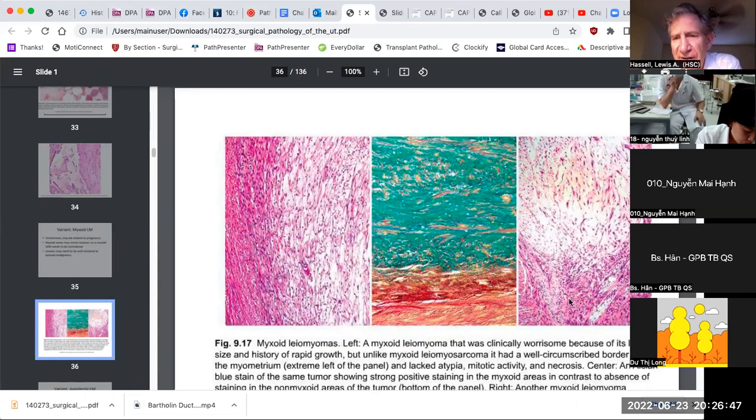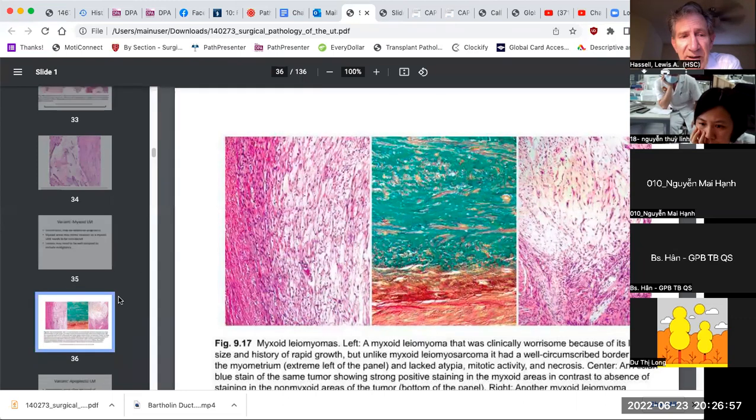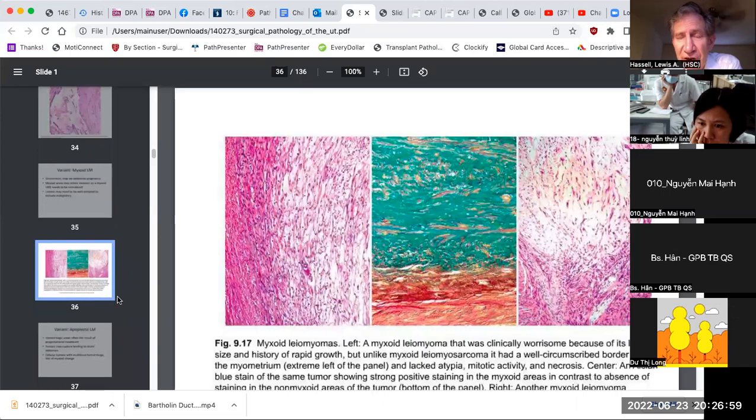And again, you can see a vague margin that's a little bit challenging. Now, in the case of our myxoid leiomyosarcoma, that lesion had other features to identify it as malignant. Specifically, it had nuclear atypia, cytologic atypia. It had mitotic activity, as well as a clearly invasive margin.